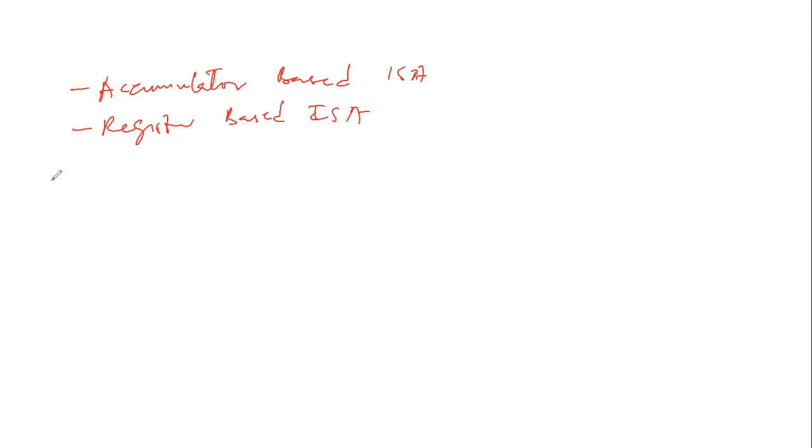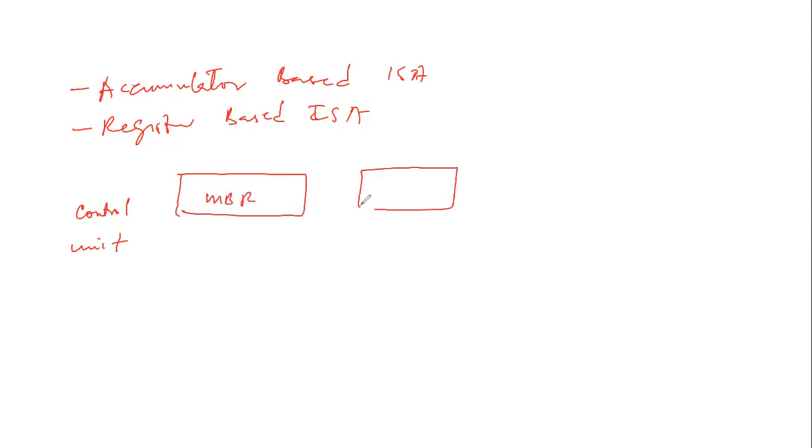So let's look at the accumulator-based. So we have the control unit. Then we have the memory buffer register. Then we have the memory address register. Then we have the accumulator.